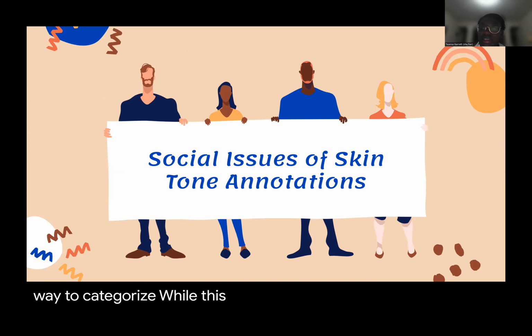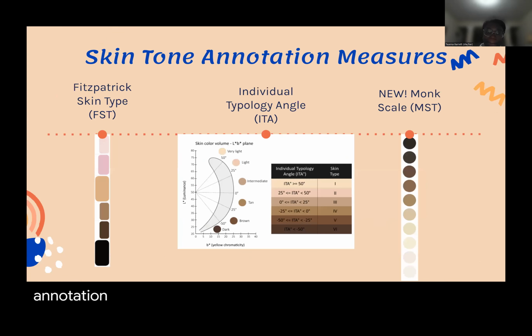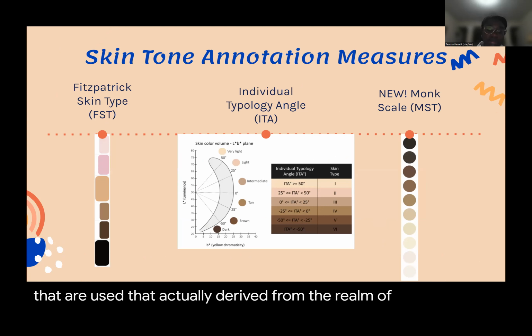While this skin tone annotation process has promise, there are a lot of social issues associated with skin tone annotations. One, for instance, is the measurements for skin tone annotations. The Fitzpatrick scale and the ITA scale are popular scales that actually derive from the realm of dermatology.